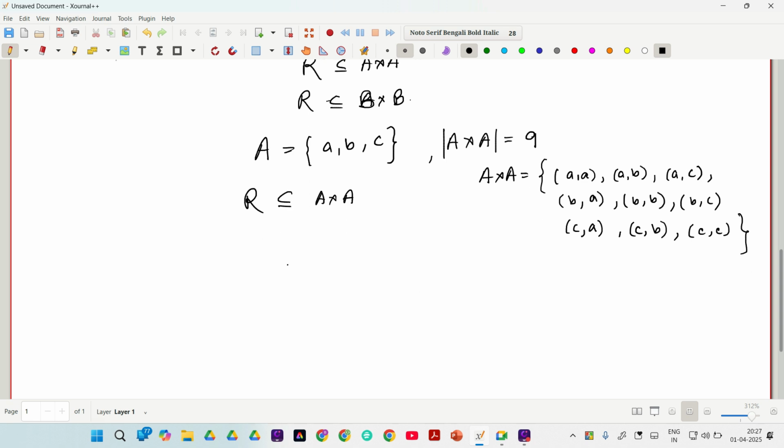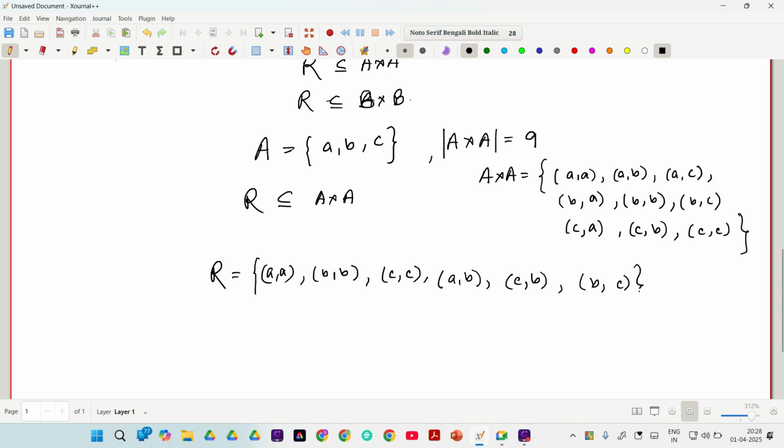Now I am picking a relation like this: (a, a), (b, b), (c, c), and with these three elements, I am also picking some elements like (a, b), (c, b) and (b, c).